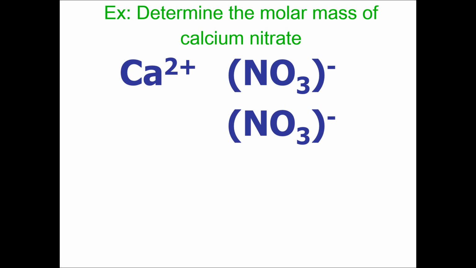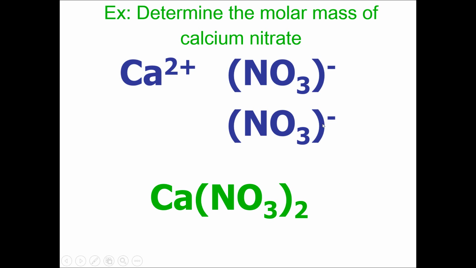After making sure I have all the ions I need, I have 2 positive charges, 2 negative charges, so I can write my final formula like so. 1 calcium ion and 2 nitrate ions, and I indicate that by putting a 2 on the outside of the nitrate ion in parentheses. So now that we have a proper formula, then we can write a molar mass.